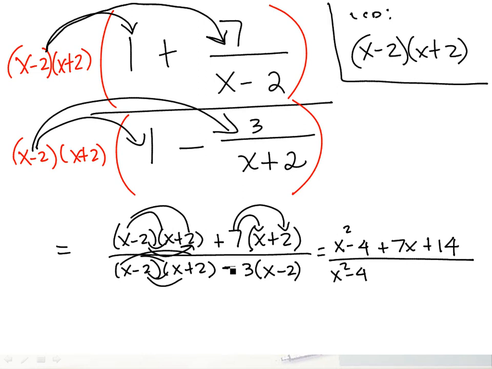And then notice this minus sign here. Please do not ignore the minus sign. Once you distribute, you're distributing that negative 3, not just positive 3, but a negative 3. So minus 3x plus 6.